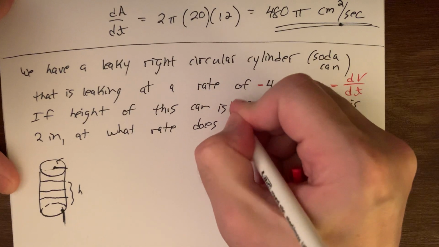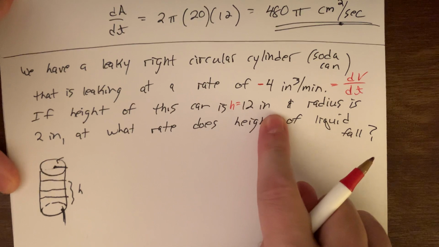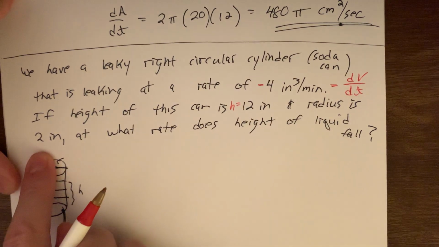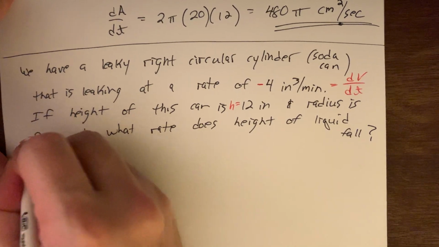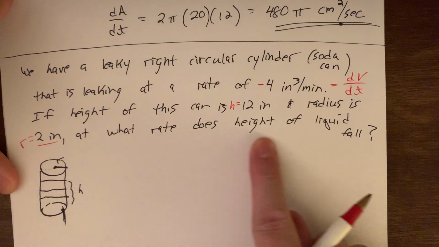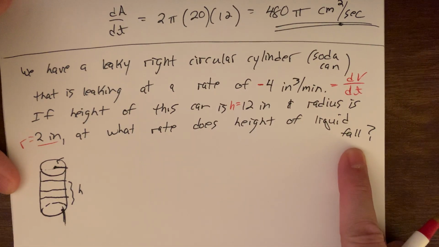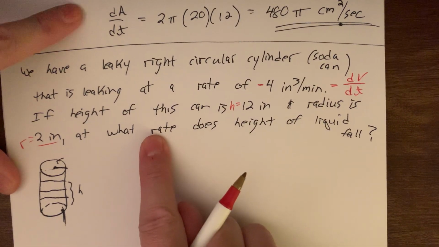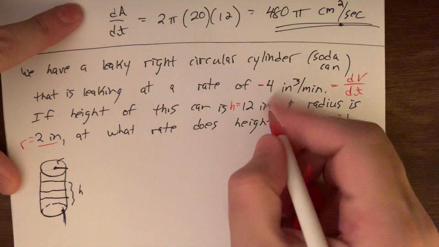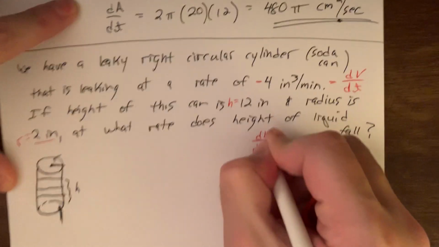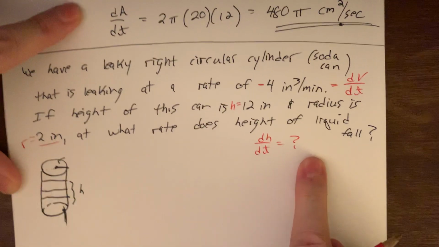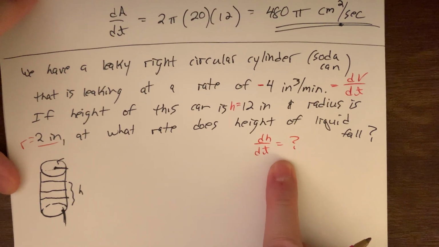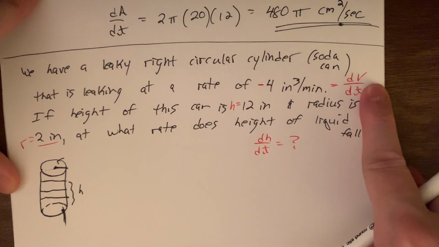Here's the height of the can. Okay. Here's my radius. At what rate does the height of the liquid fall? Rate of the height. We are being asked to find dH/dt. We know dV/dt.